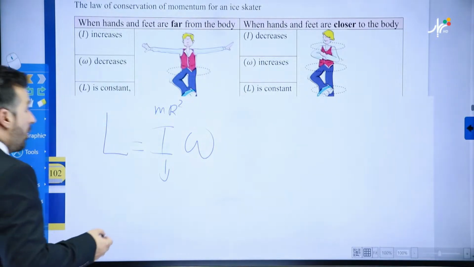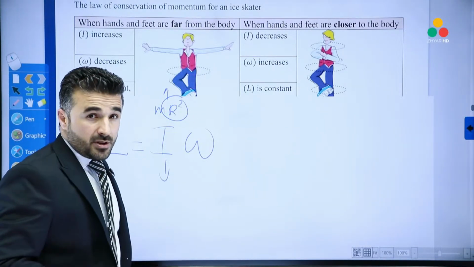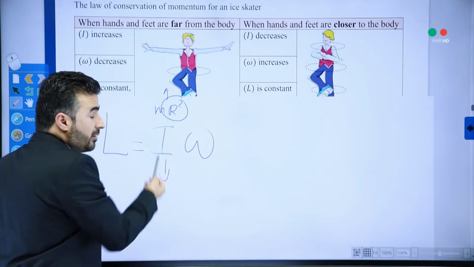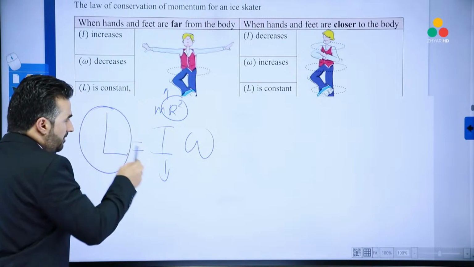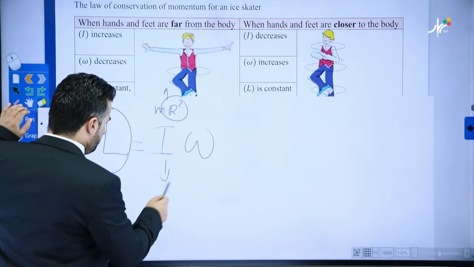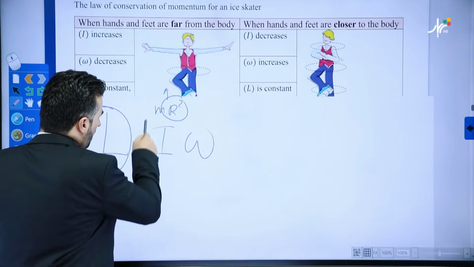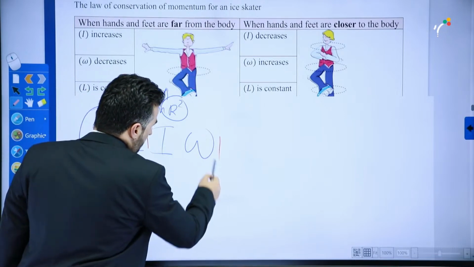Once we extend our arms, this R will increase. Do you agree with me? Excellent. So what happens if R increases? Can we say that the moment of inertia will also increase? Yes. By keeping this constant, if you increase the moment of inertia, what do you think will happen to the angular speed? Of course, this one is going to decrease.